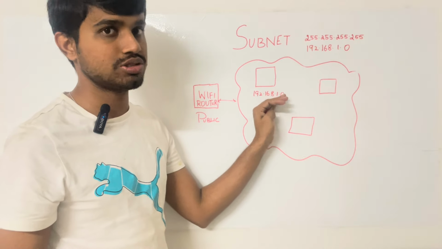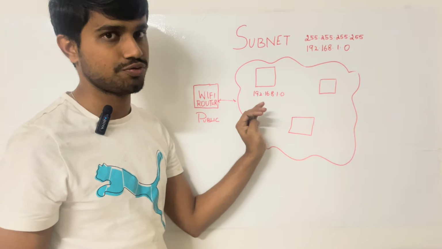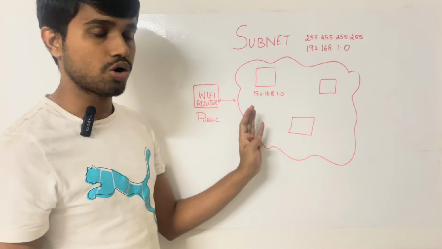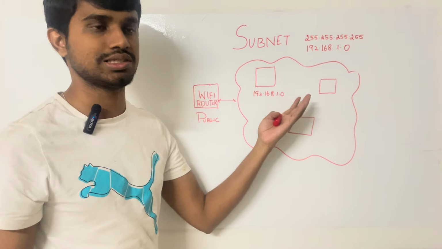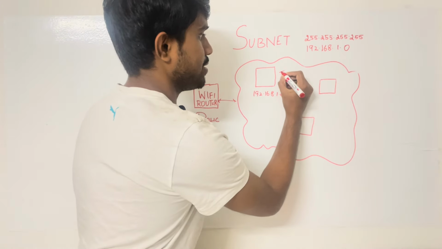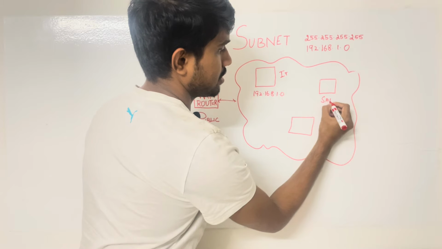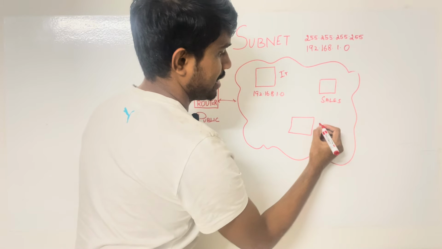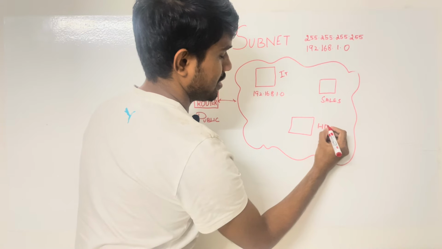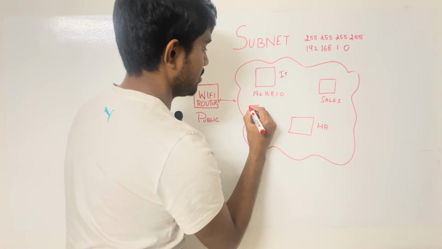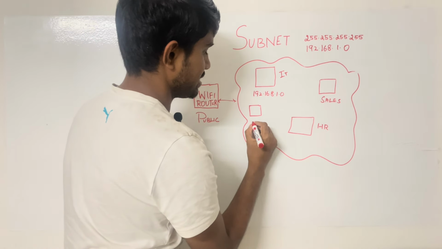So you can use these 256 addresses for your organization. Your organization has, for example, four branches: IT department, sales, HR, and probably a finance department.